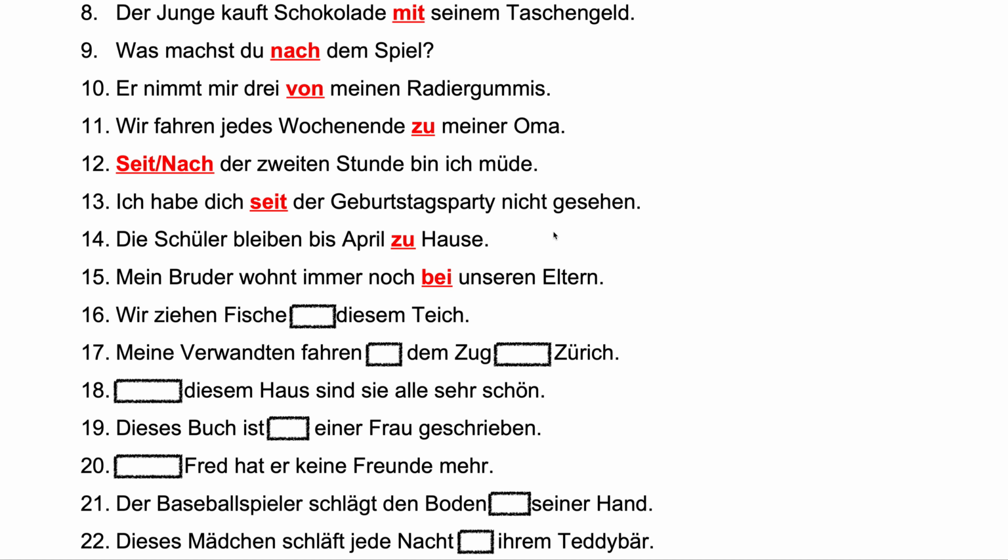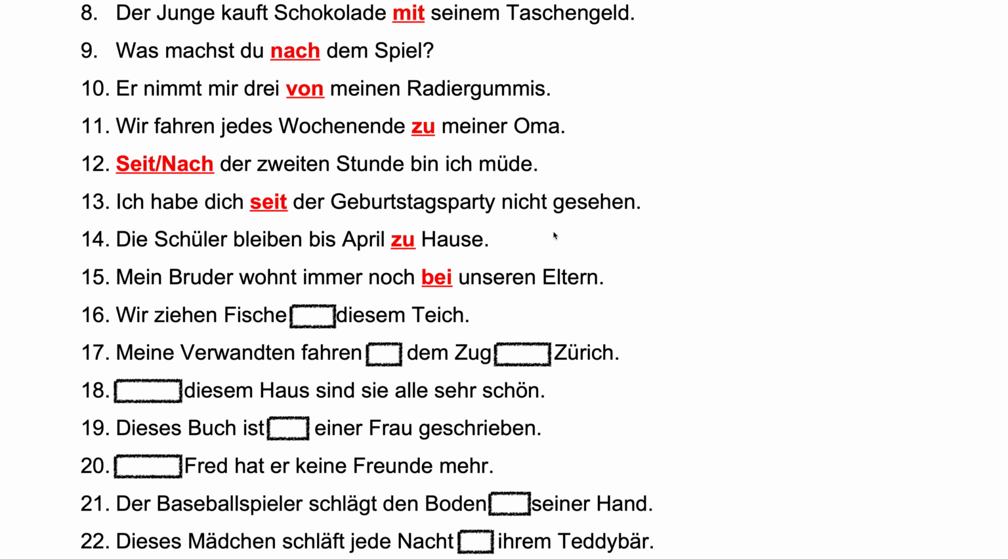This is your brother living with your parents, but it is your parents' house, and therefore you have to use bei here. If it was like your brother and your parents are somehow sharing rent or something like that, that would be mit. So it's a very subtle difference, but this is he's living at your parents' house, not he's living with your parents.